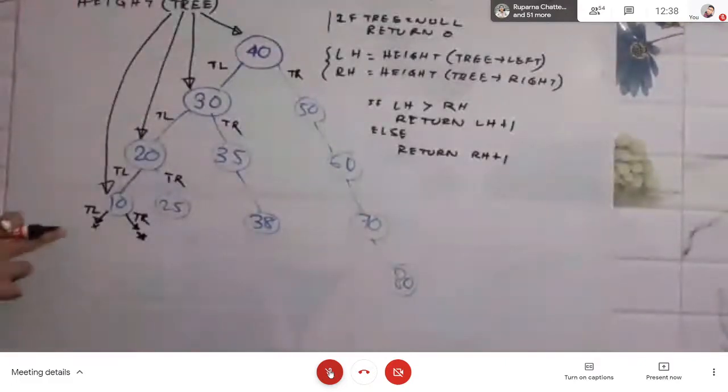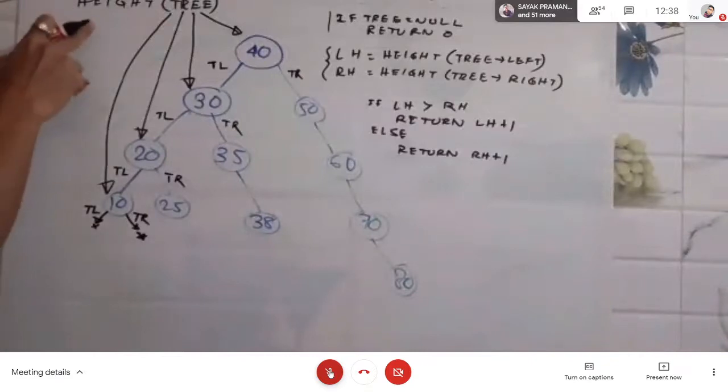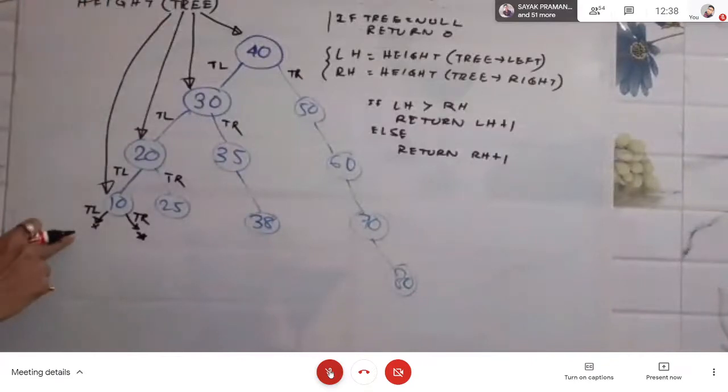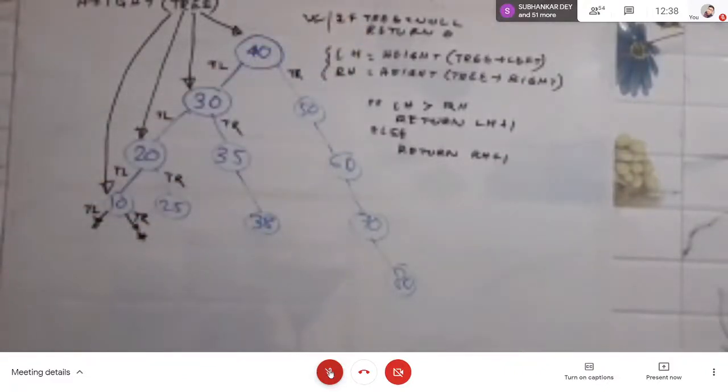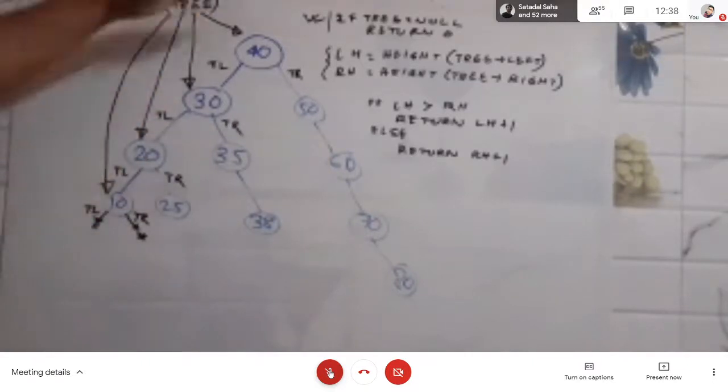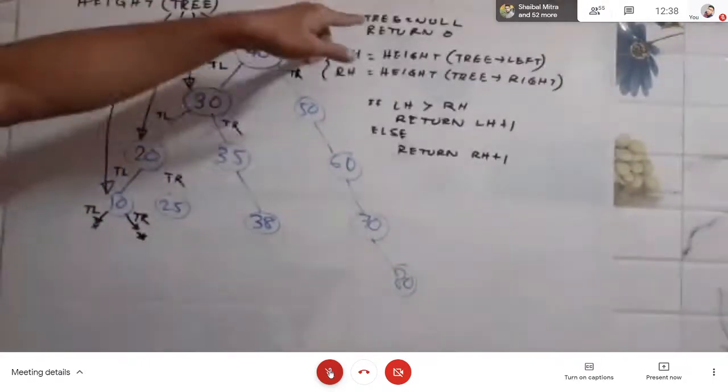Now, when it is calling this height with the value null, obviously in that call, this line will be executed. So sitting at 10, when it is calling the function height with the tree value as null, it will enter a situation where this line will be executed, that is, tree equal to null.